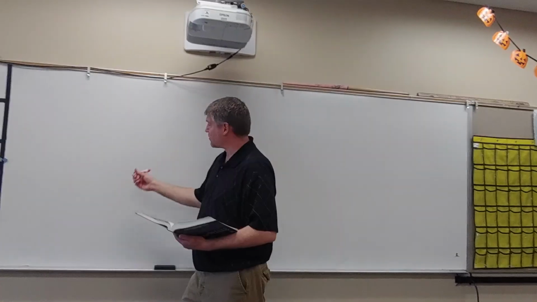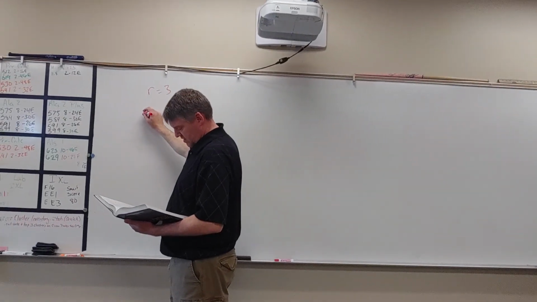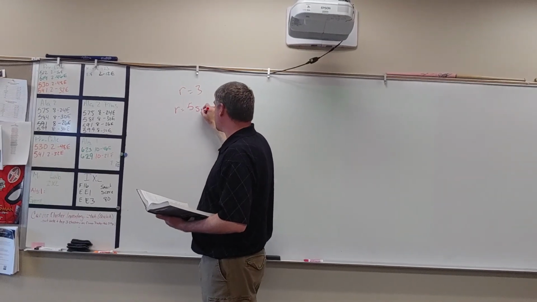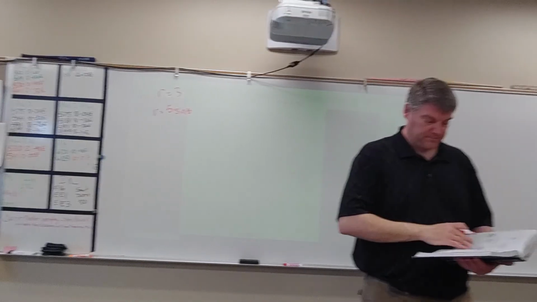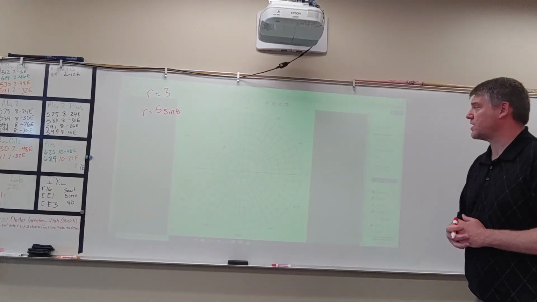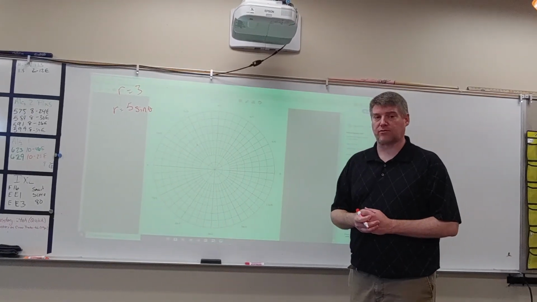All right? I have two of them. We're going to graph r equals 3 and we're going to graph r equals 5 sine theta. Okay? The first one is r equals 3. Well, that tells me it has a radius of 3.